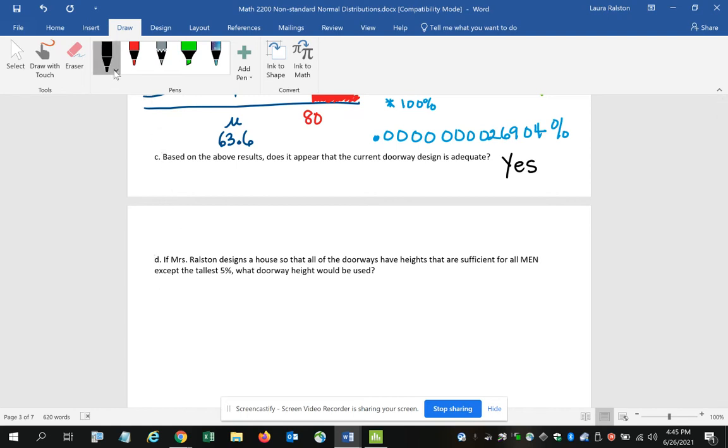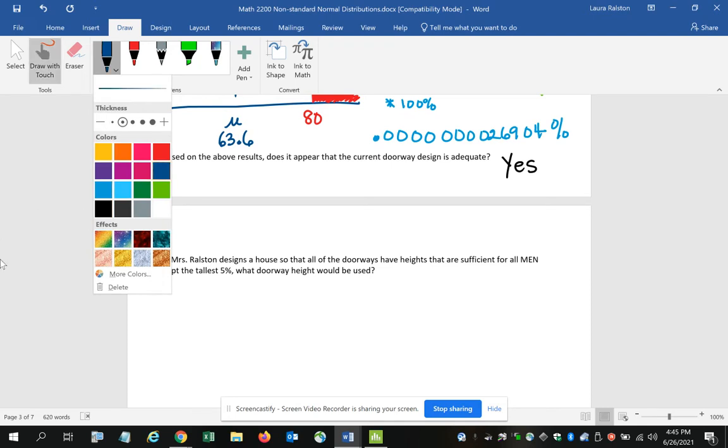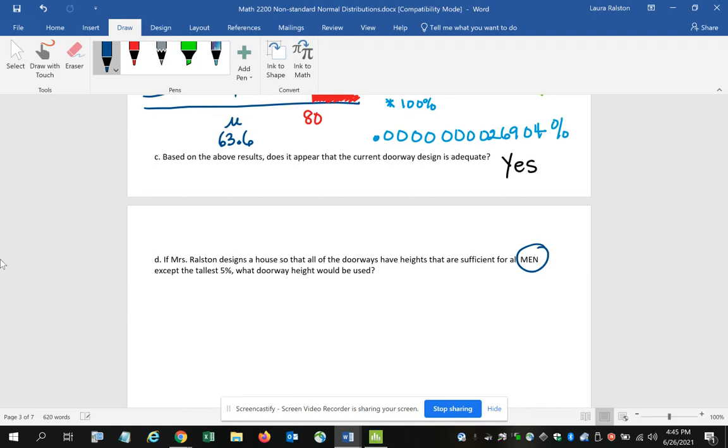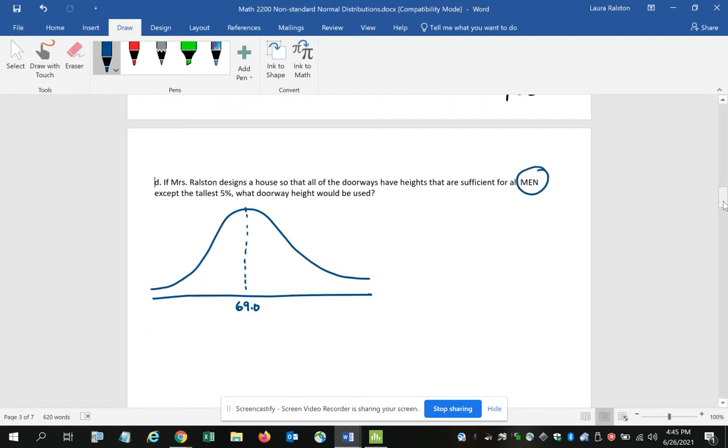So here again, this question is a little bit different, but we're talking about men. And we know from above that the men's heights are normally distributed with a mean of 69 inches.